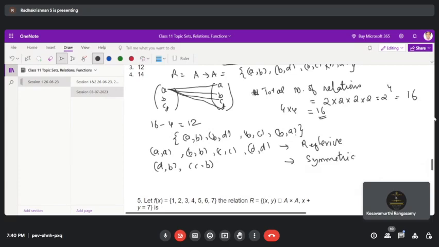So what do we need to add for making it transitive? You see A to B is there, B to D is there, then A to D, is it there? If A to B and B to D are there, then A to D should be there. But A to D is not there, so we need to add that. The moment you add A to D, for it to be symmetric, we also need to add D to A. So D to A is also not there.